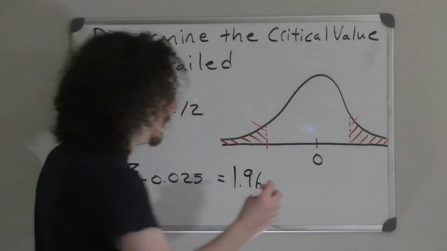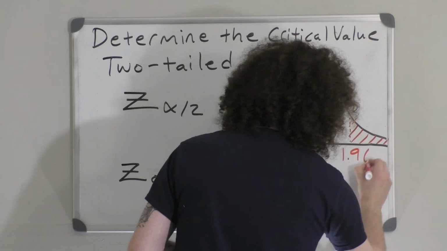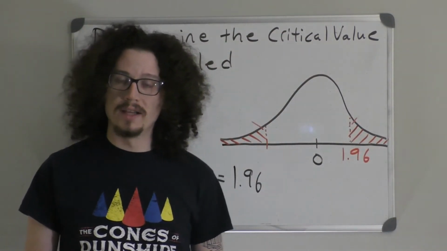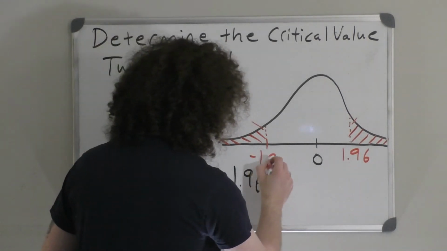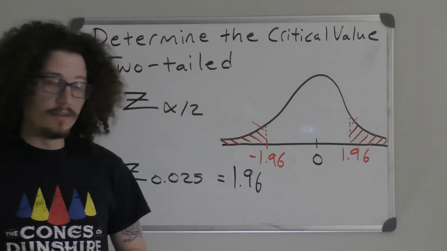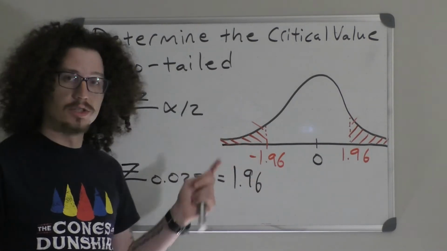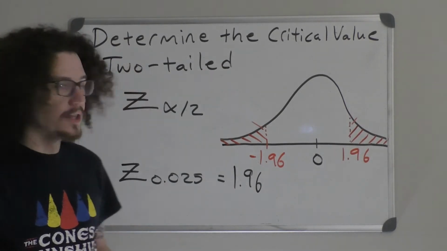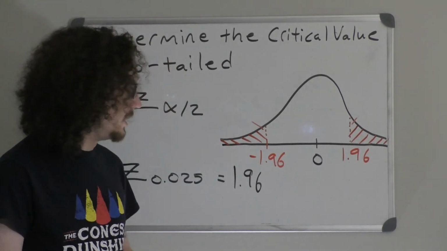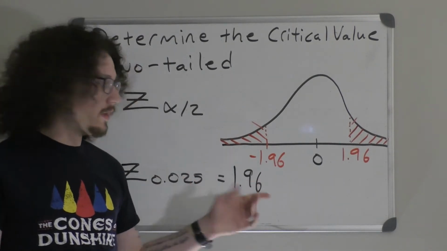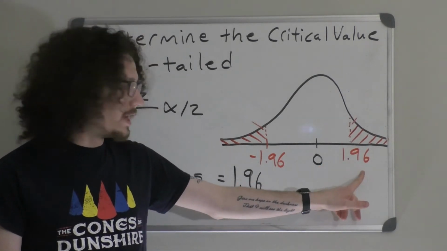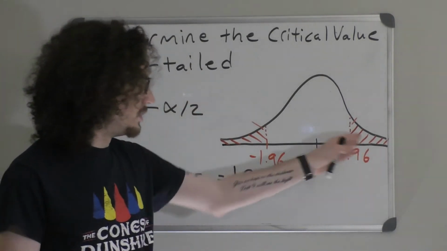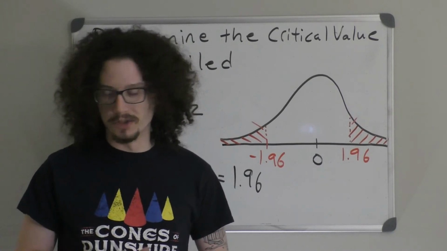This means that we would have a positive 1.96 that defines the rejection region in the right tail, and a negative 1.96 that defines the rejection region in the left tail. So really, that was just a long walk to get to the point that you'll get your single value, and then you've got a positive one and a negative one, and you have 2 critical values defining a rejection region in both tails of the distribution.